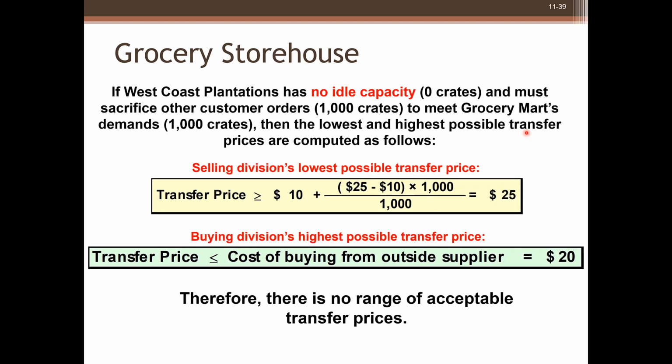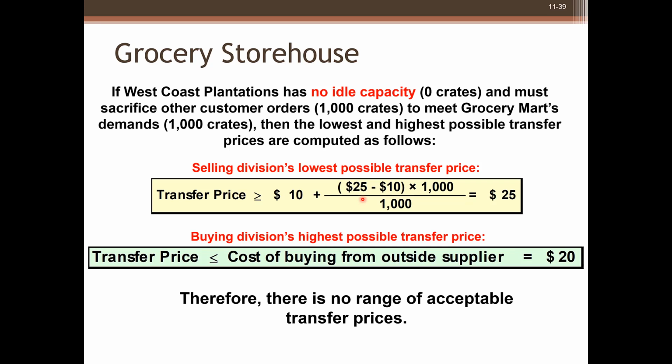If West Coast Plantations has no idle capacity and must sacrifice other customer orders, 1,000 crates, to meet Grocery Mart's demands, 1,000 crates, then the selling division's lowest possible transfer price can be calculated following the equation. Transfer price should be greater than or equal to variable cost per unit, $10, plus total contribution margin on lost sales divided by number of units transferred.